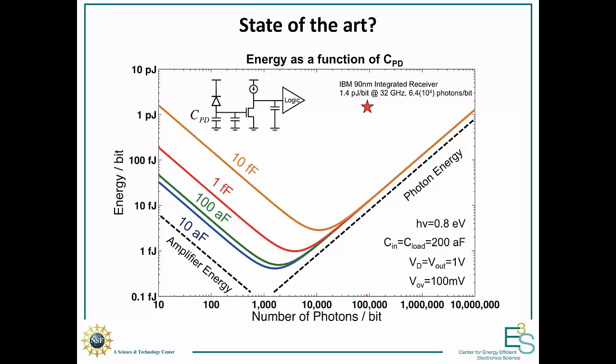And as I've already mentioned, the lower the capacitance of the photodetector, the more energy efficient your entire system can be, because you'll be able to use fewer photons per bit and your amplification energy also goes down.